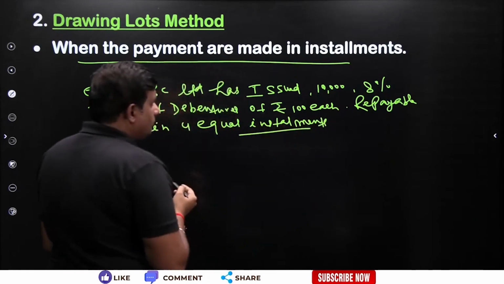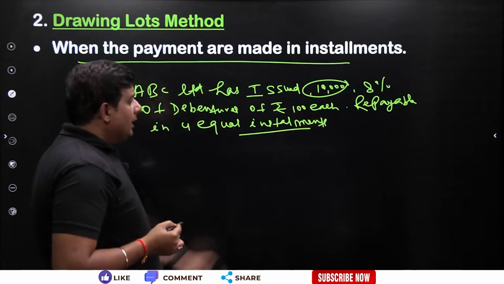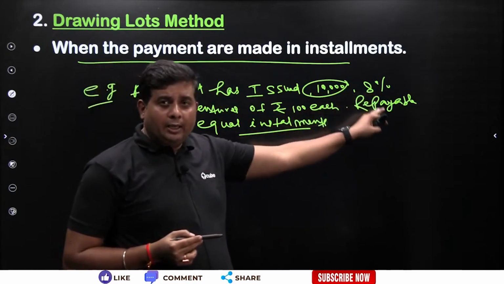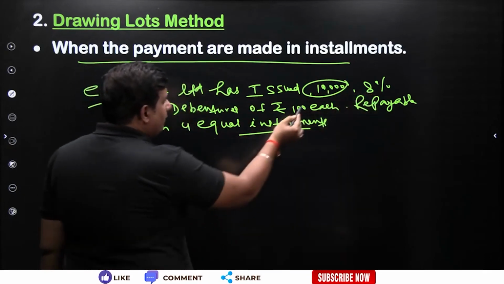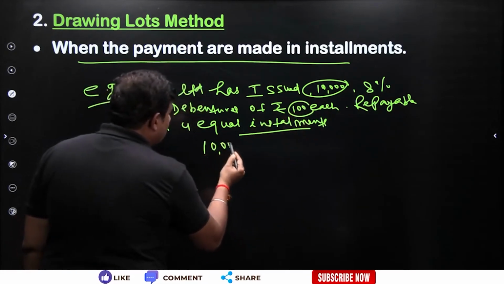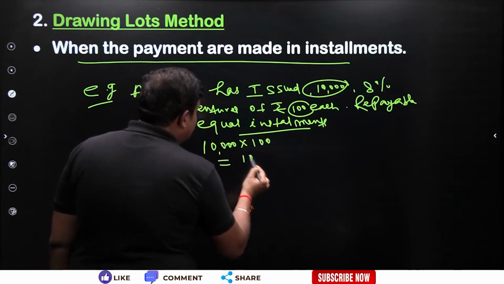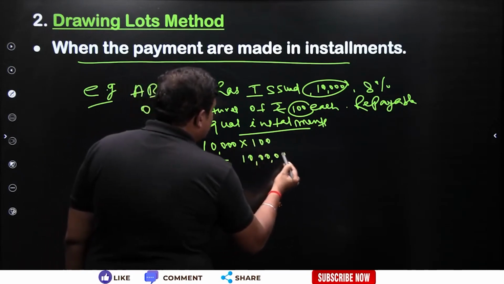We have issued 10,000 debentures, and it carries interest at the rate of 8%, right? And one debenture costs rupees 100. So 10,000 debentures multiplied by 100 means the total value would be 10 lakh.